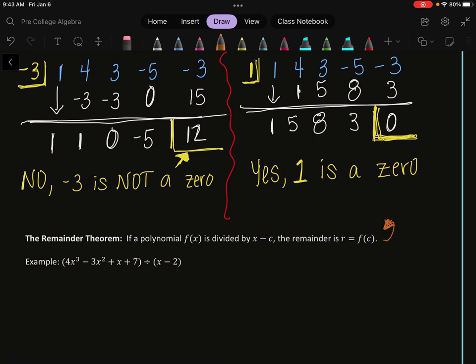What does that mean for this problem up here is that f of 1 would have been 0. Because c was 1, right? Because it would have been x minus 1 there. And the remainder was 0, which is this guy. All right, so we'll see that example right here, and I'll write out exactly what I mean by that. So this would have been f of 1 would have been 0.